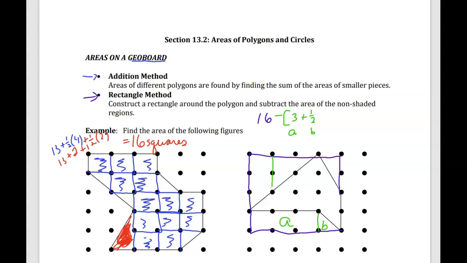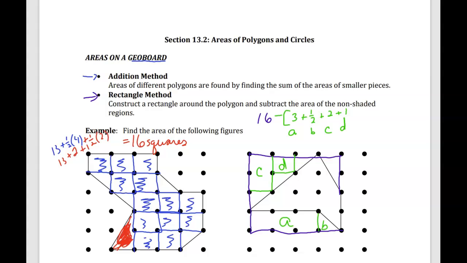And then I will look here, and this is going to be segment C. So that's going to be 2. And then I can look here, and that's going to be segment D, and that's 1. Okay.